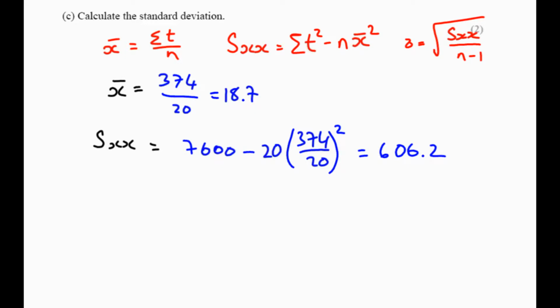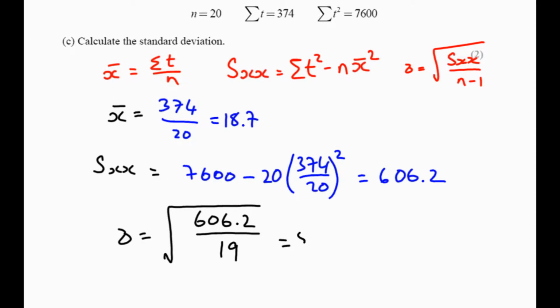And finally, I'm going to find the standard deviation by looking for the square root of 606.2 over n minus 1. n was 20, so that's over 19. And that will lead to 5.6485, and that will be my standard deviation to 4 decimal places, guaranteeing my accuracy there.